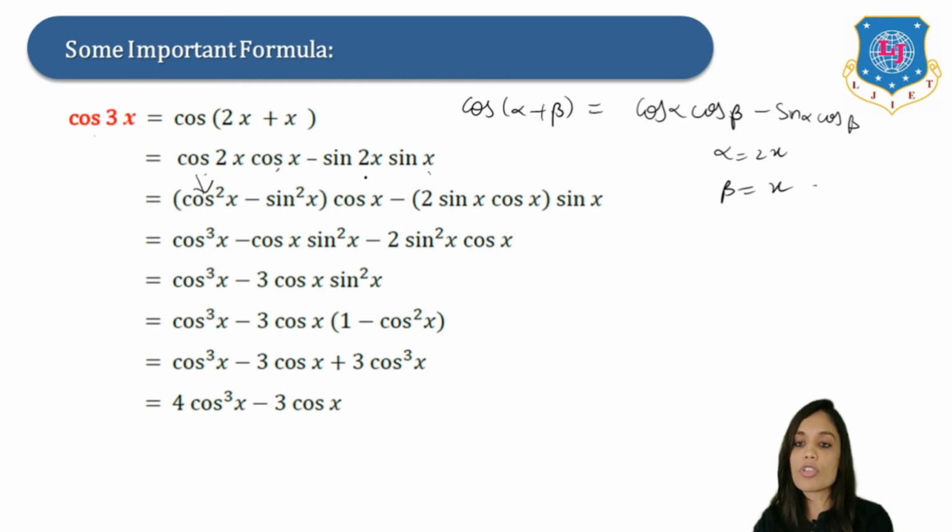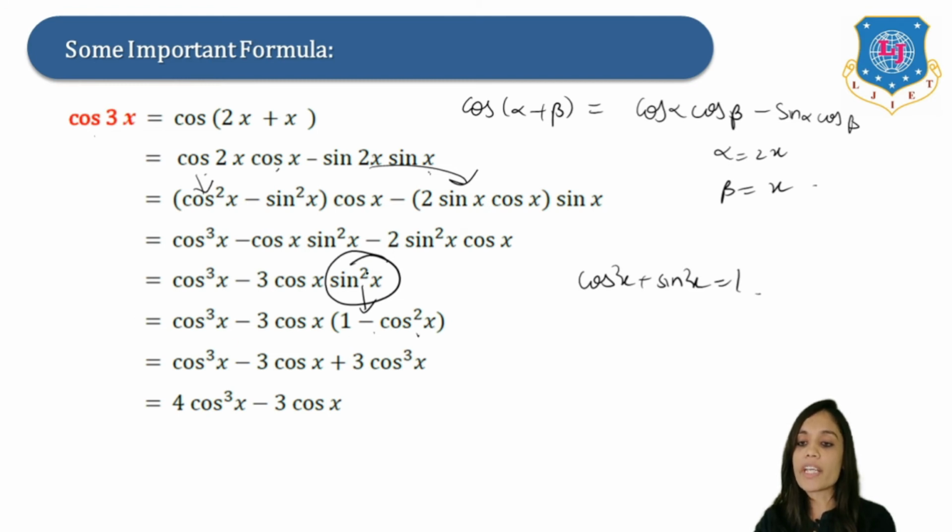Write the formula of cos 2x, sin 2x, simplify and remove this sin square x using which formula? Cos square x plus sin square x is equal to 1. So we will replace this sin square by 1 minus cos square. Expand the bracket, simplify. So you will get your final formula of cos 3x as 4 cos cube x minus 3 cos x.